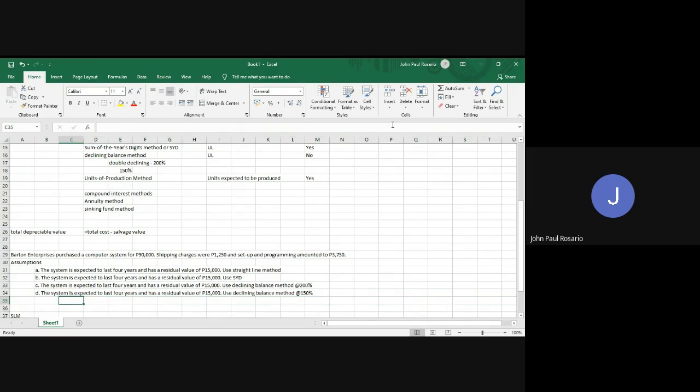Lastly, our E, the system is expected to be used for 8,000 hours.